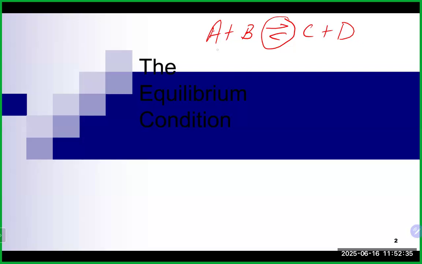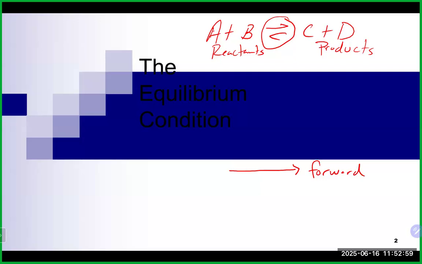And it has really two directions, right? Our guys on the left-hand side of the arrow are reactants, and our products are on the right-hand side of the arrow. And as the reaction heads from reactants to products, this is what is sometimes referred to as the forward direction of this reaction.